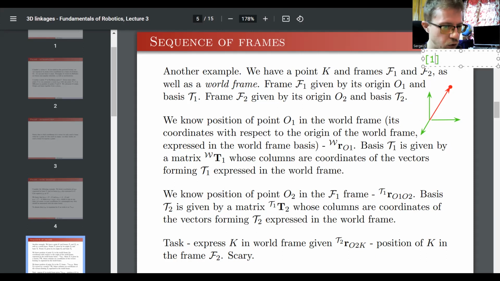So for example, 1, 3, -2, right? That is what you would expect, and that is exactly what it means. We know the position of point O in the world frame means we know how far away it is from the origin of the world frame, in which direction, and this is expressed in local coordinates. Okay.